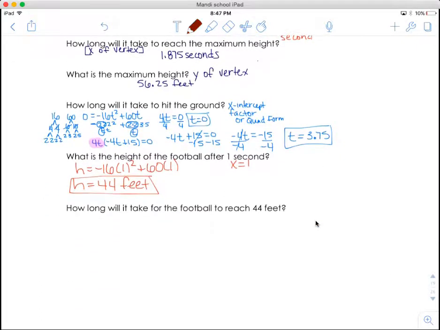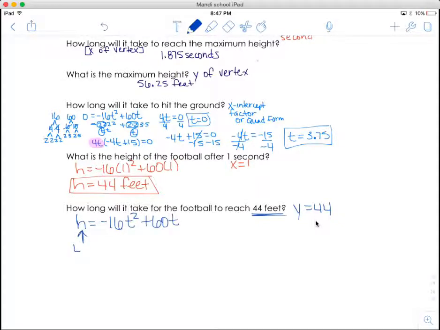Now, this question's kind of an interesting one. It says, how long will it take the football to reach 44 feet? Now, we know the answer. We just found that. The answer is 1. But the reason I used 44 feet was so we could see how to work backwards. This means y is 44. So that means in the equation h equals negative 16t squared plus 60t, we know the h.